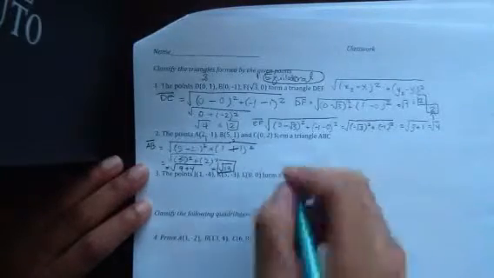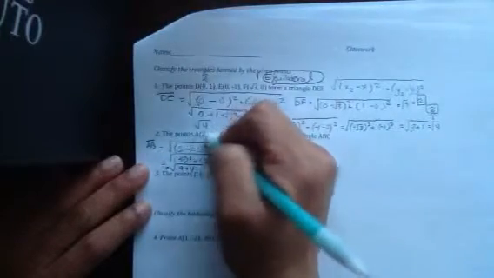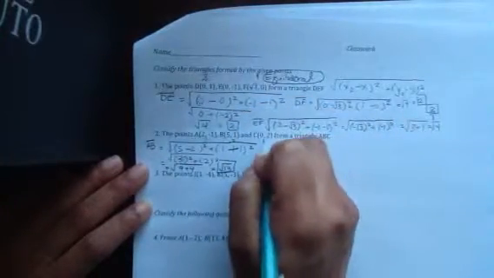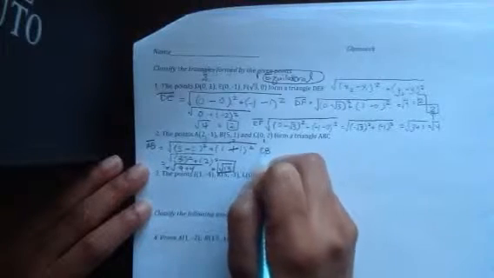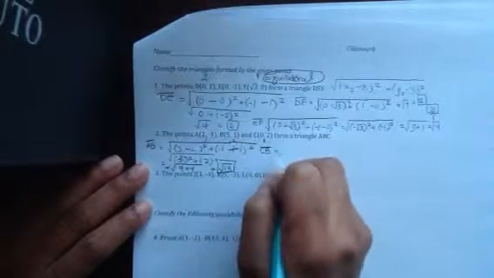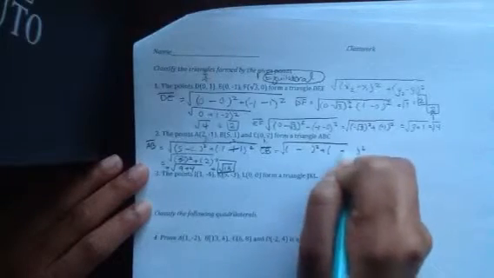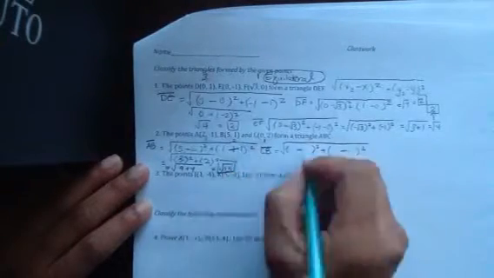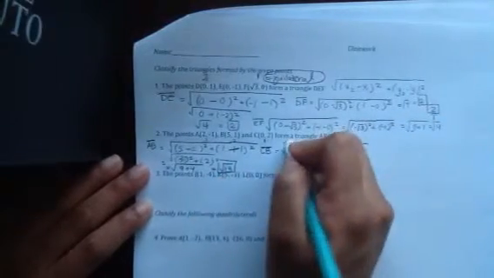Okay, my second length is going to be BC. So I'll leave B being my second one. I'll make this my first. Okay, so my y2 is 1. Excuse me.